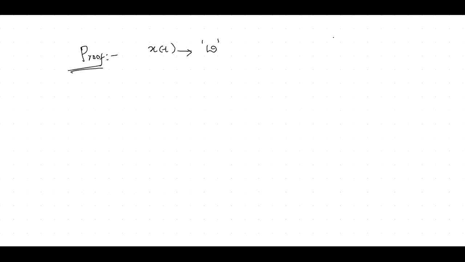Then what is the restriction on fs? Then fs must be greater than or equal to 2 omega. Isn't it? When fs is greater than 2 omega, what about the sampling interval? Ts must be less than or equal to 1 by the Nyquist rate, or the Nyquist interval. What is the Nyquist rate? 2 omega.